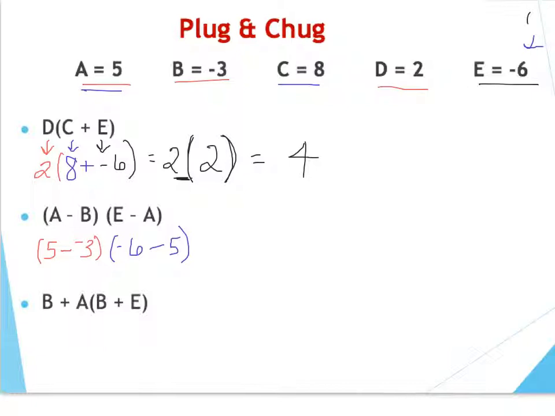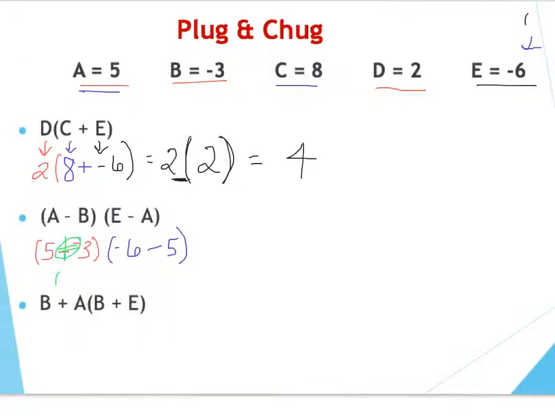Alright, so for the first parentheses, I have this double negative right here. 5 plus 3, which is 8. And my second parentheses, I have -6 minus 5. Now again, anytime we have a subtraction problem, we can turn it into an addition problem.